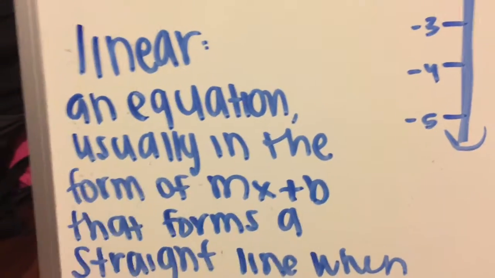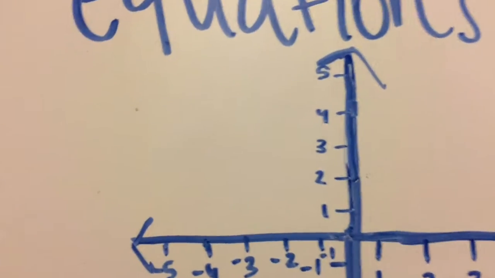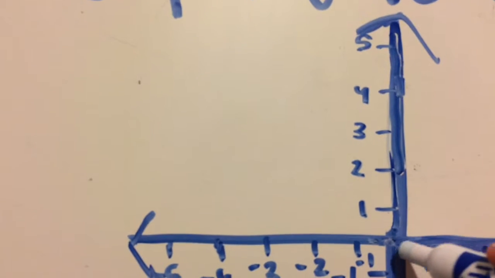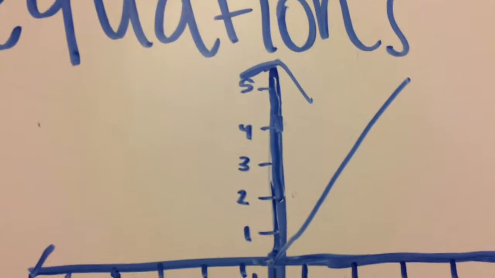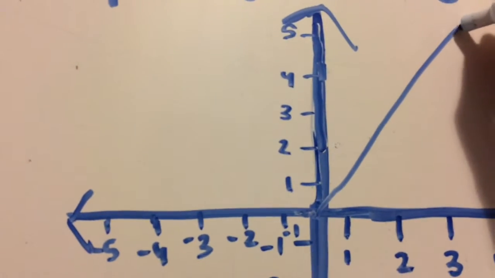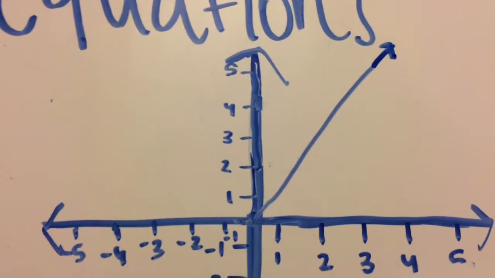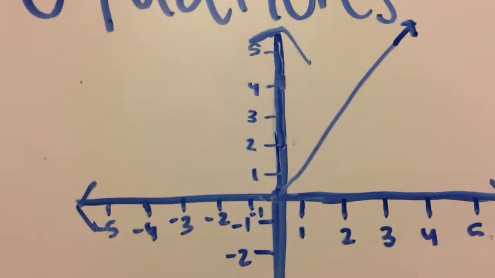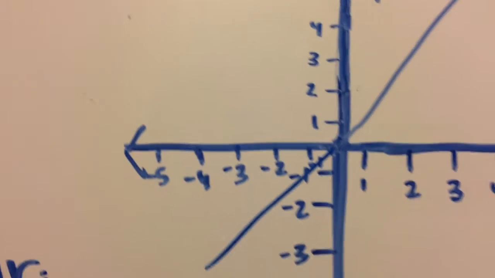So basically what that means is that when you graph this equation or any linear equation, it's going to form not particularly exactly this, but a straight line like that that has an even slope. Okay, and hopefully you guys know what slope is. But if not, I have a lesson on slope. But it has an even slope all the way across, and it also normally extends downwards too, like that.